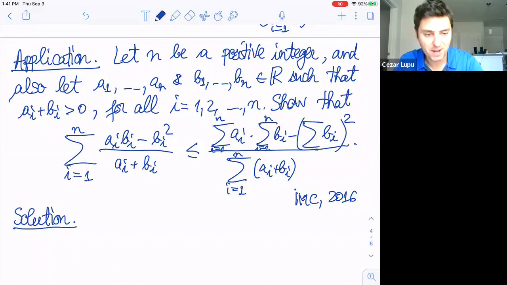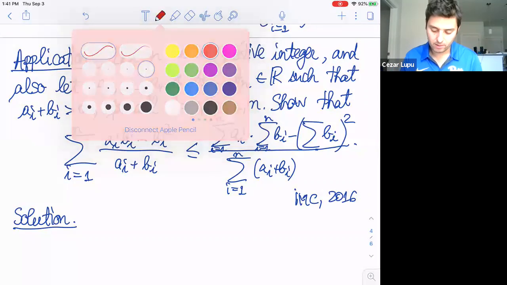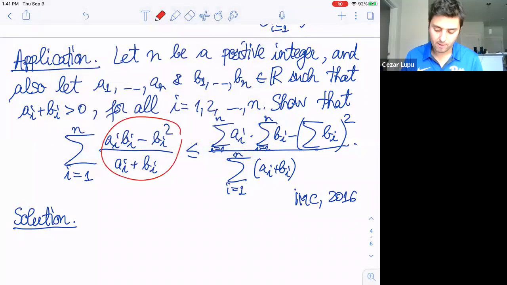Well, how about a magic trick? I want to say it's magic, but it is a trick. Maybe I can rewrite this expression. If you look at both expressions, you see you have the sum of this guy here inside. Look at this guy inside here. It's very similar to this guy here.